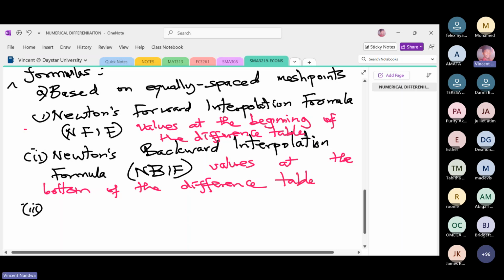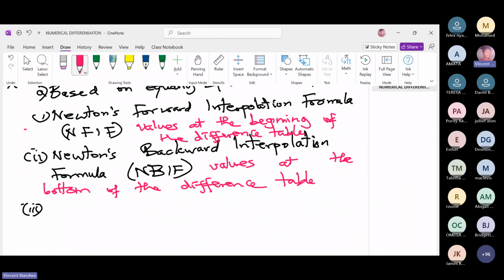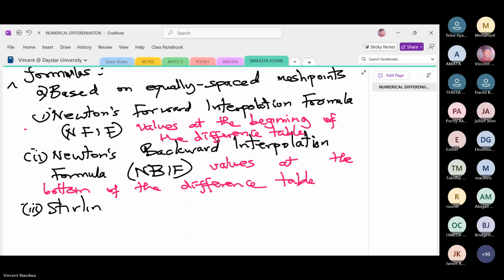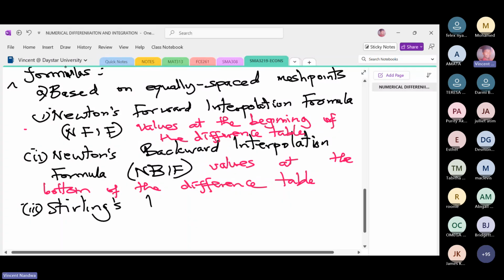Then can you tell me the formula that you will apply when you are near the middle of the difference table? Which is the best approximation formula that you need to apply? Central difference. Yes, central difference interpolation formulas. We have what we call Stirling's interpolation formula.